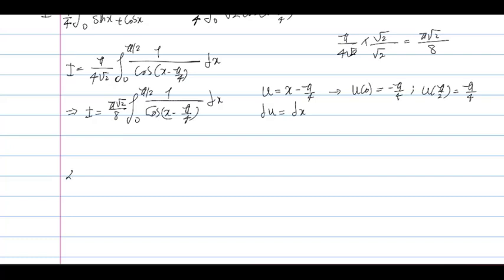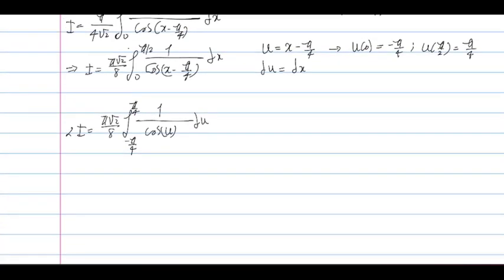So now we have pi root 2 over 8 times the integration from negative pi over 4 to pi over 4 of 1 over cosine of u du.